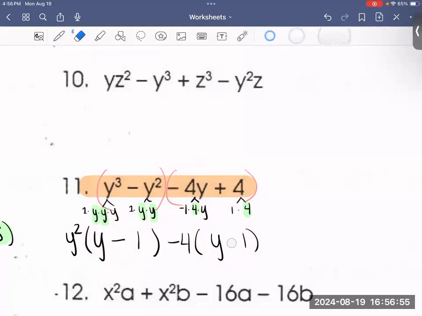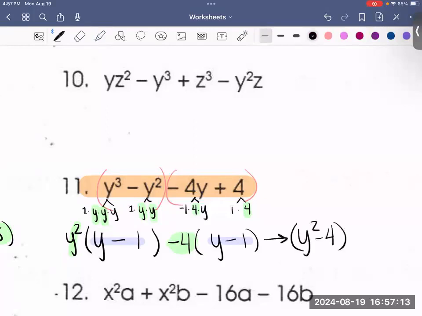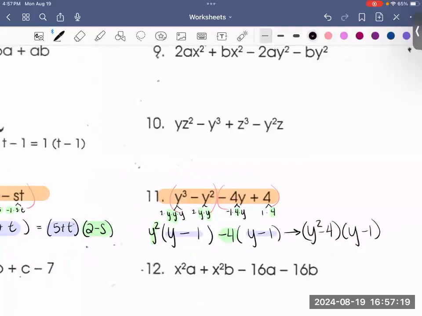This way we can then just alternate the sign on the inside. And then we can continue because they match. So you have y squared minus 4, y minus 1. Now, are we done factoring with this one?